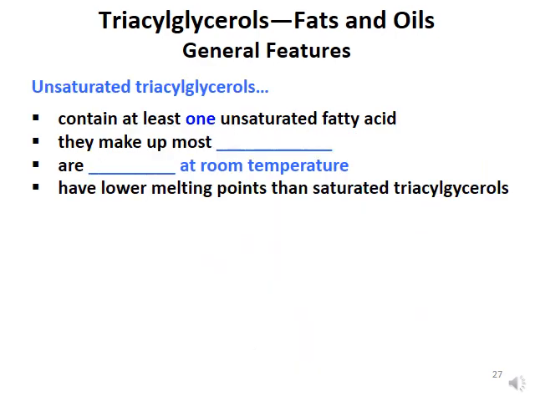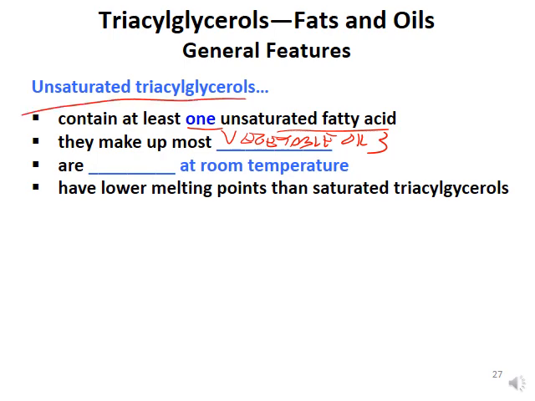Now, unsaturated contain at least 1 unsaturated fatty acid. And most vegetable oils are unsaturated triacylglycerols.